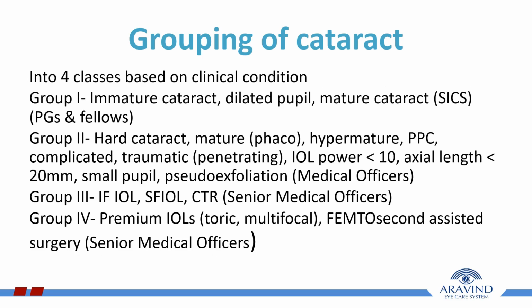Grouping of cataract. Cataract is grouped into 4 classes based on clinical condition. Group 1 includes immature cataracts, dilated pupil, and mature cataracts opted for SICS. Group 2 includes hard cataract, mature cataracts opted for phaco, hypermature cataracts, posterior polar cataract, complicated cataracts, traumatic cataract, IOL power less than 10, axial length less than 20 mm, cataracts with small pupil, and pseudoexfoliation.